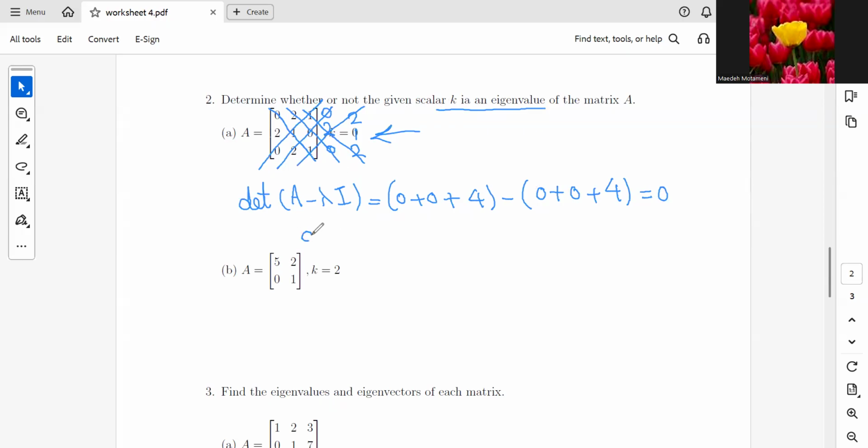So the question is, if we put the eigenvalue as 0, is it correct that the determinant would be 0? The answer is yes. So since this is a correct equation, k equals 0 is an eigenvalue.